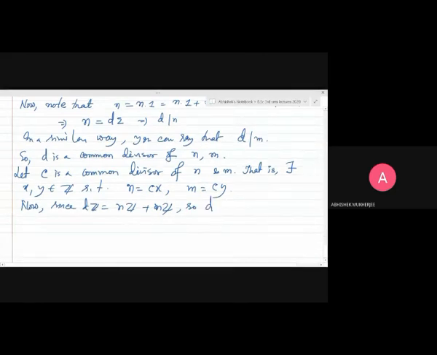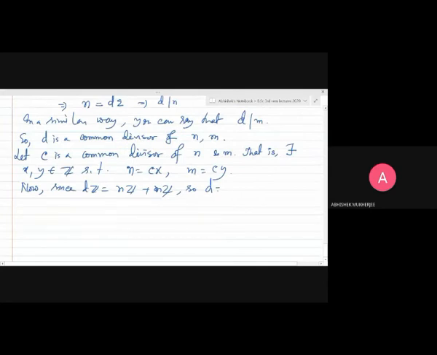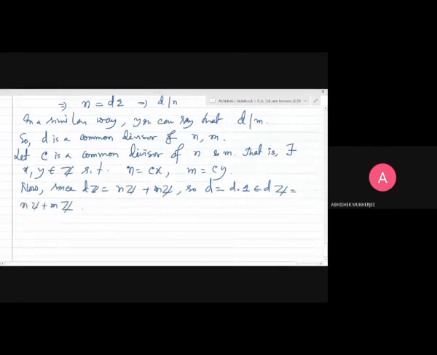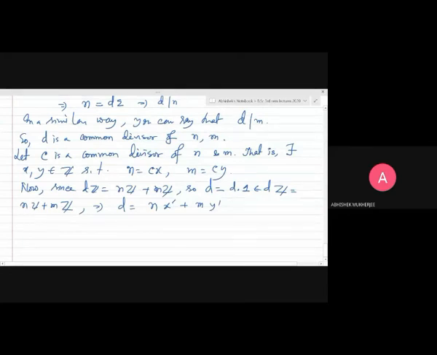So d belongs to dZ, and dZ is our nZ plus mZ. This implies d can be written as n x dashed plus m y dashed, right?